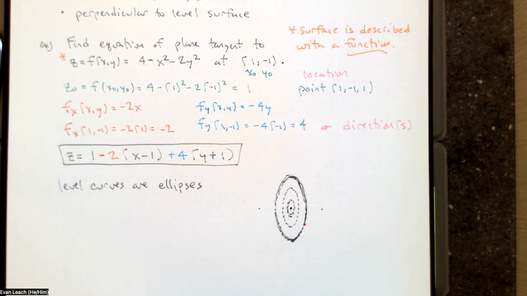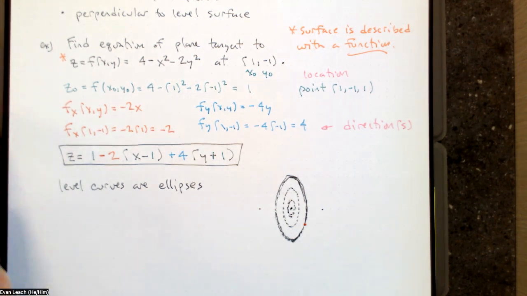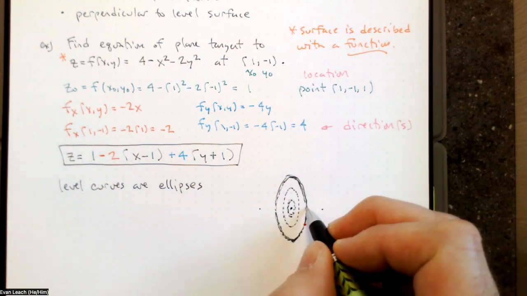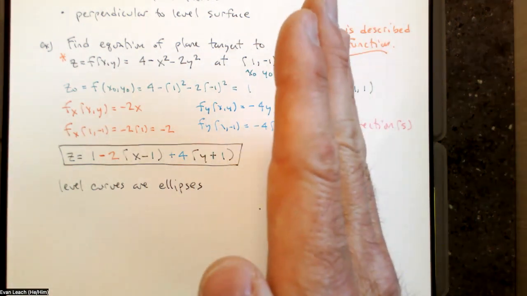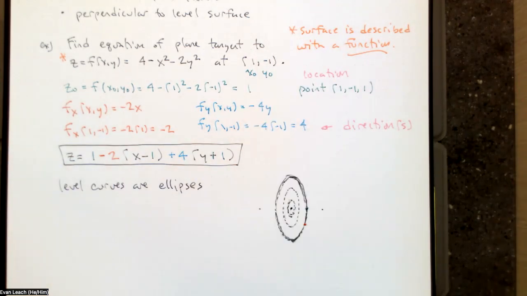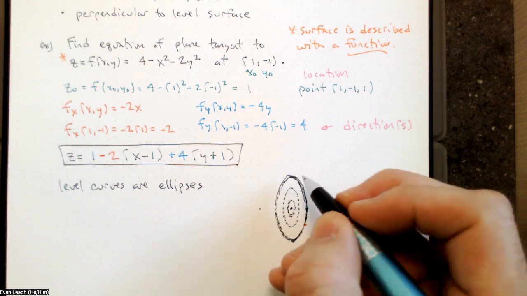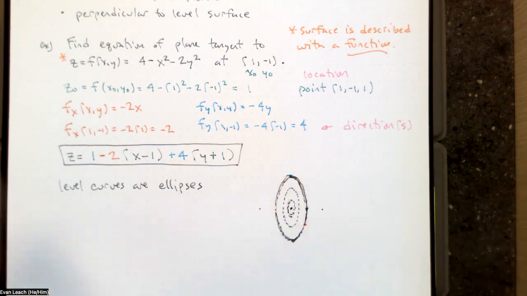Compare that to, say, a level curve where x is 0. There, the tangent plane is not going to be changing in the x direction. It's only going to be tilted in the y direction. If we think about another one up at the top here, where y is 0, it's not going to be changing in the y direction. It's only going to be tilted in the x direction.